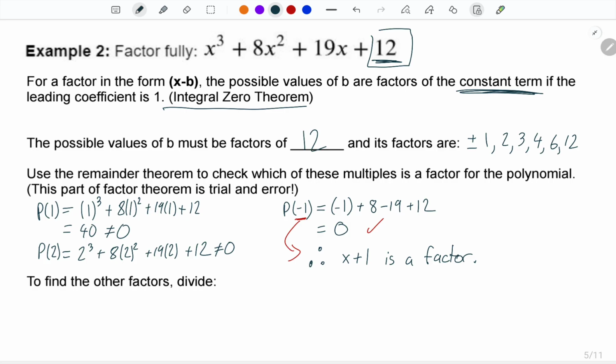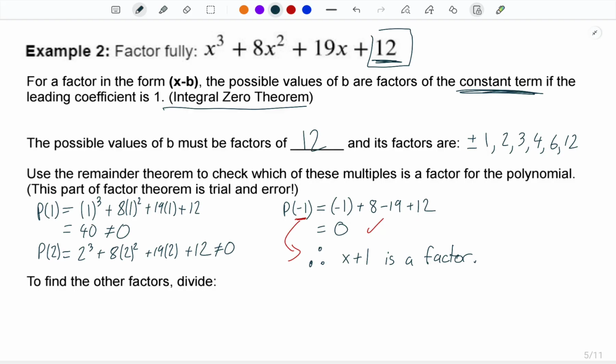Okay, so that's the first key step to factoring polynomials: find the factor by finding something that gets you equal to 0. The next step, well, what have we been doing in previous lessons? We've been dividing.